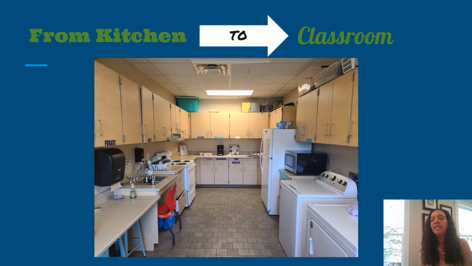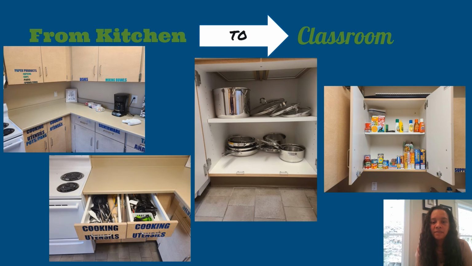So here is my picture of the kitchen to classroom. Here's a picture of our kitchen. This is what it looks like. And as you can see, here are some of the items that I used the grant money for. We bought labels, and this helps the students stay organized, and I think it increases their vocabulary.